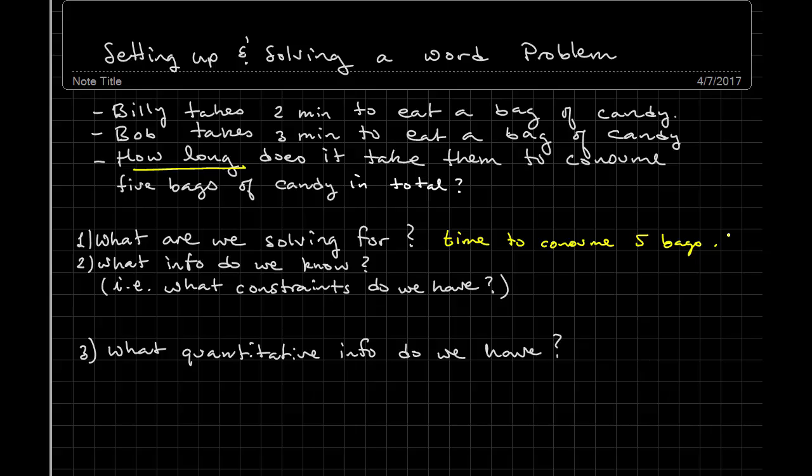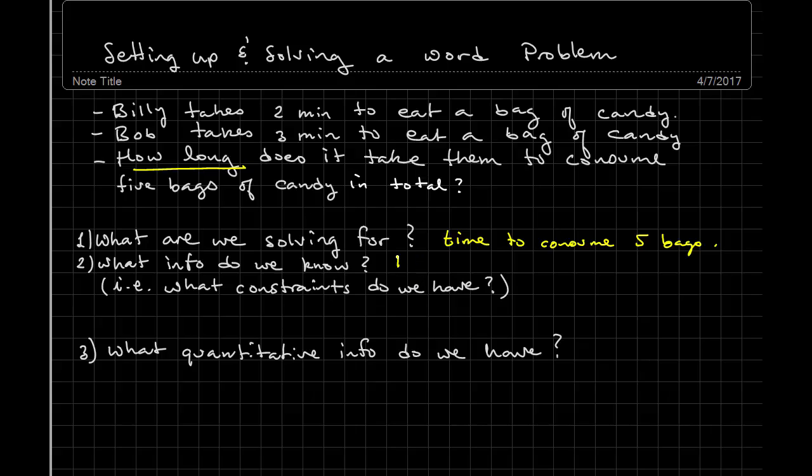Okay, now what information do we know? So this is where we want to look at each of the word statements and just at least qualitatively, we don't have to put numbers down yet, but just try to capture what information we're given in the problem. We're told something about Billy, right?